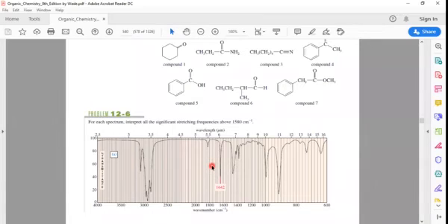Okay, look at this spectrum. Go here, 3000, a peak here that indicates carbon-hydrogen stretching where the carbon is alkenic, sp2 hybridized. This is carbon-hydrogen stretching where the carbon is sp3 hybridized. What about this peak?